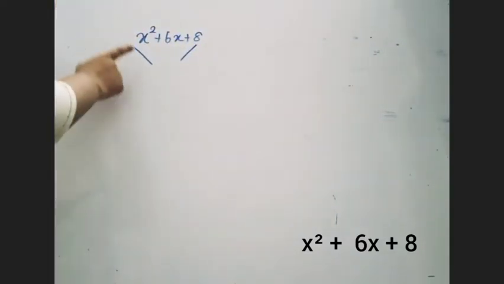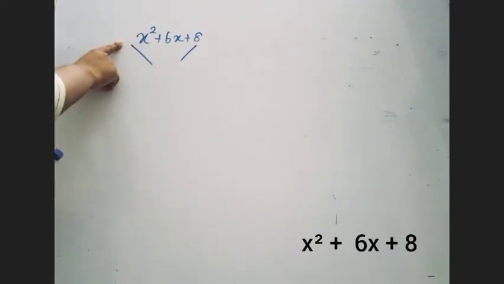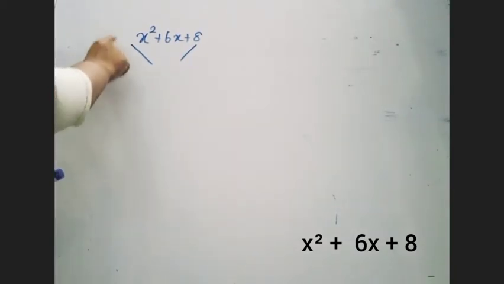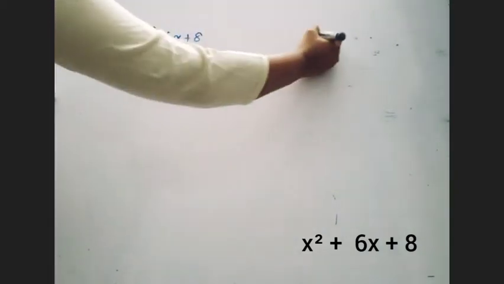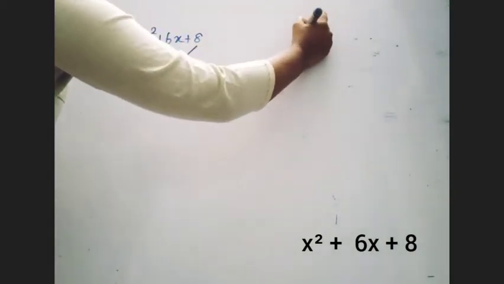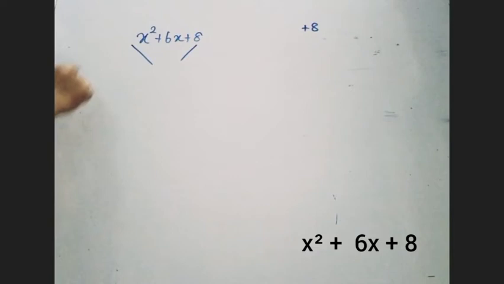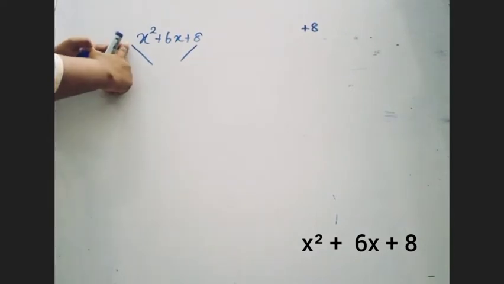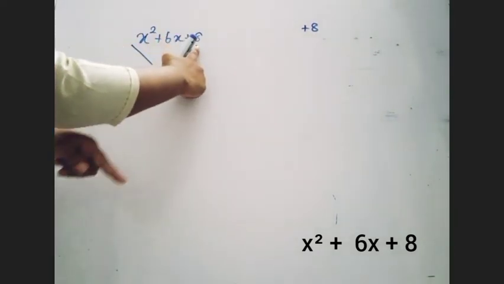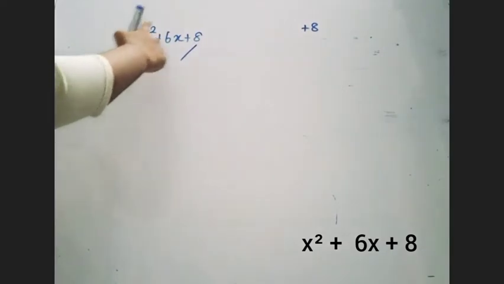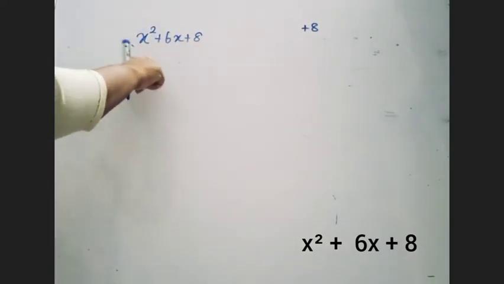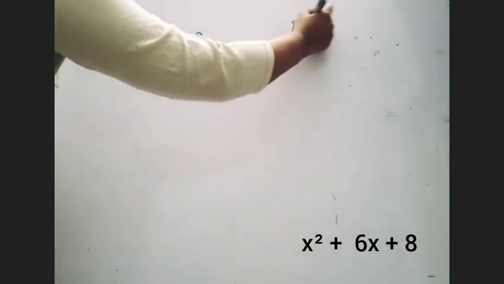What is the coefficient of x square? If there is no number, I told you that it is considered as 1 x square. So 1 into 8 is 8. Please do write it with the sign as well. So here the coefficient of x square is 1, the constant is 8, so 1 times 8 is 8. That is the first step.